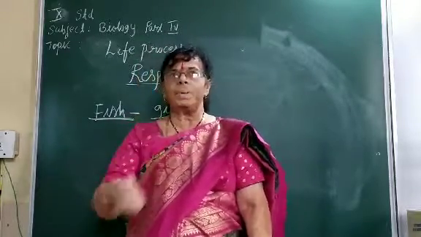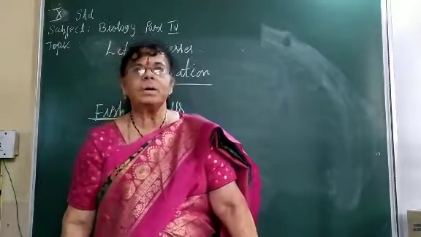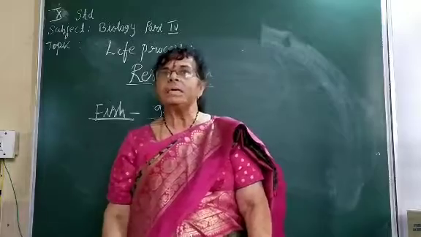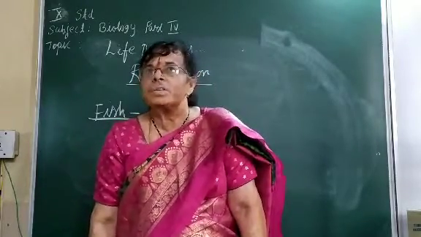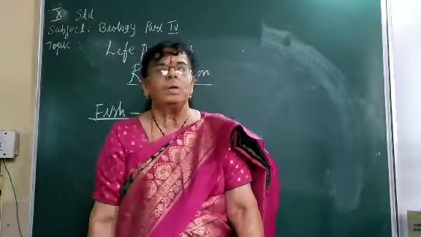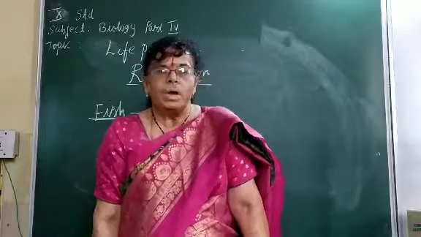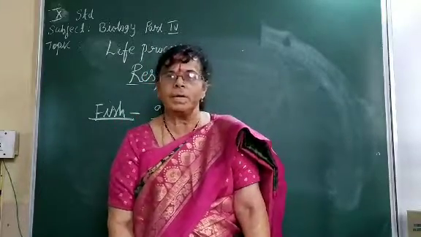For the air to pass, there are specific respiratory organs, and these organs are placed inside the body of the animal, which is another advantage for them. So now let us see how respiration is carried on in human beings.